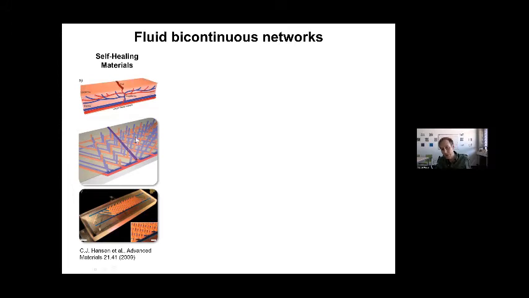And engineers try to reconstitute something like this in a laboratory by, for instance, microfabrication of fluid-bicontinuous channels, one carrying a monomer and the other a curing agent, so that a damage can be self-repaired by filling the damaged site with a polymer.